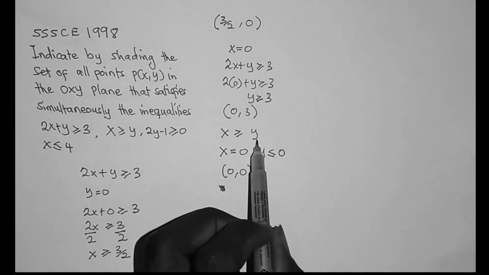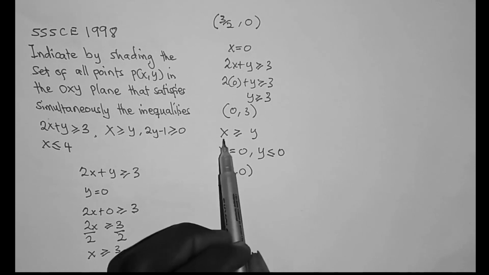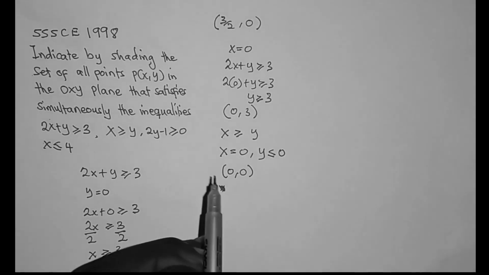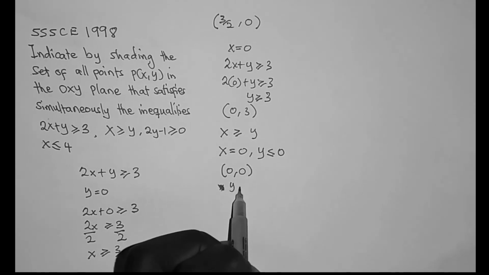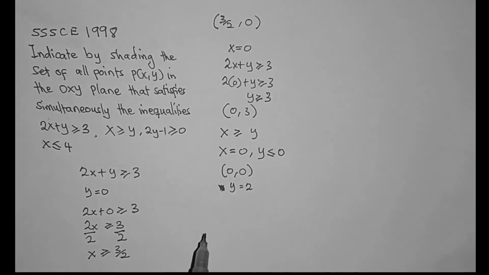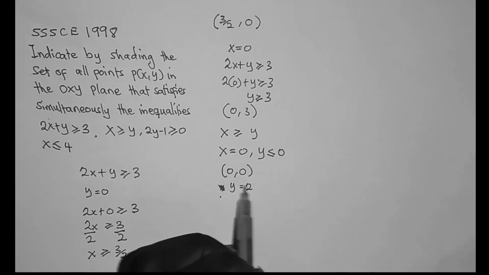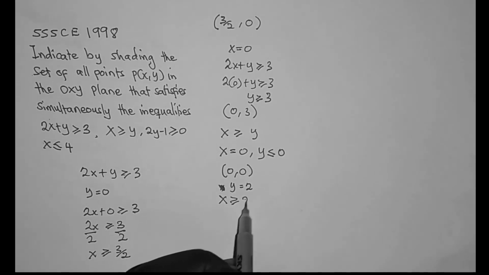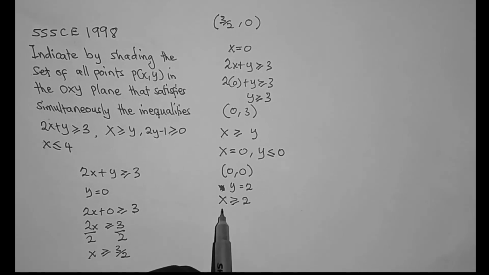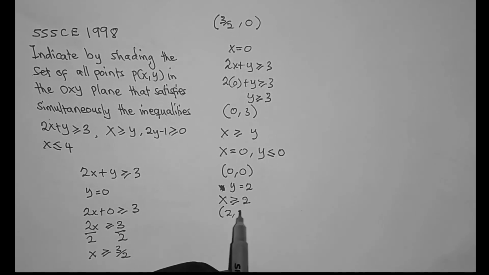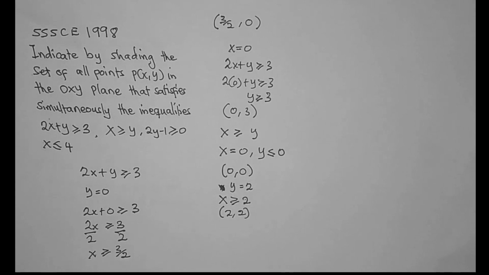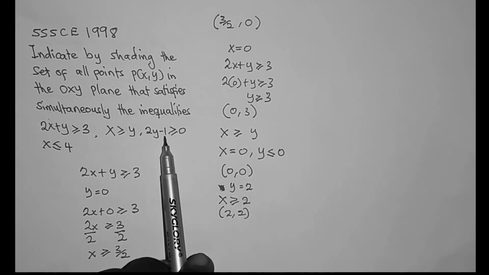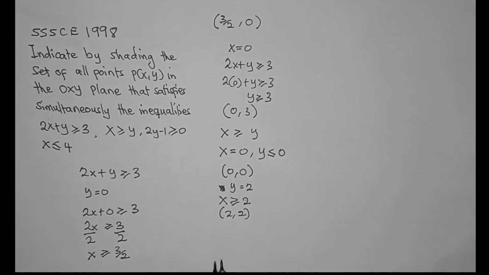If we put y equals 0 into this inequality, it will give us back 0, 0. So let's change. Let's put y equals 2. If we put y equals 2 into this inequality, x is greater or equal to 2. So that means we have another point 2, 2 on this line. So we are done with this inequality.